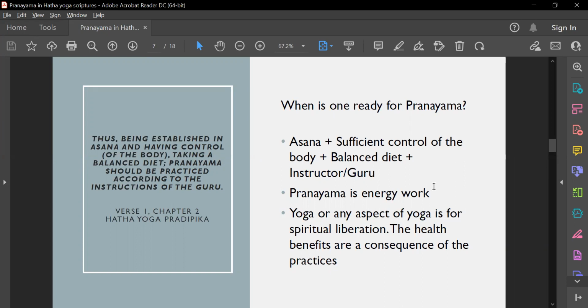So when is one ready for pranayama? Our scriptures specify prerequisites for certain things, and at the same time, it is not so direct when it comes to mentioning the prerequisites for certain practices. For example, in the Yoga Sutras, the very first sutra is Atha Yoga Anushasanam. That means, and thus we begin yoga.